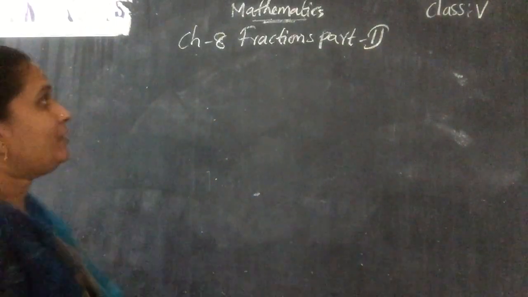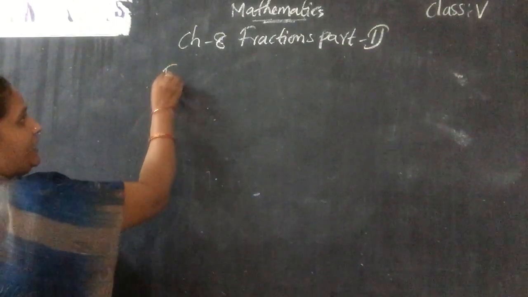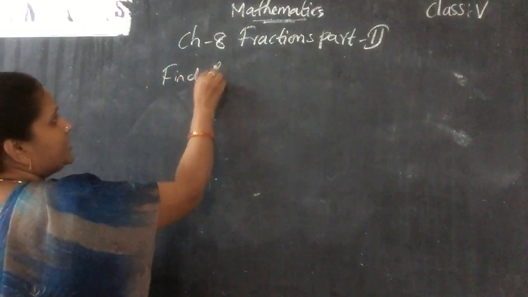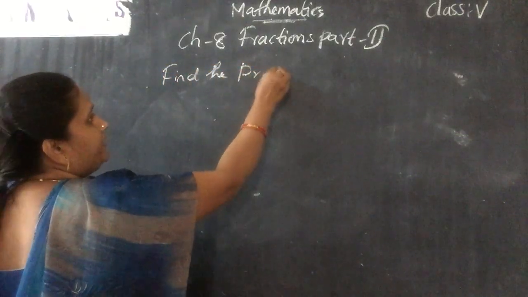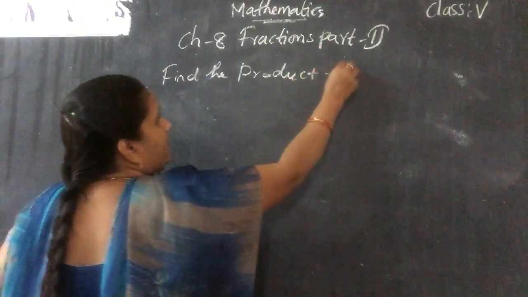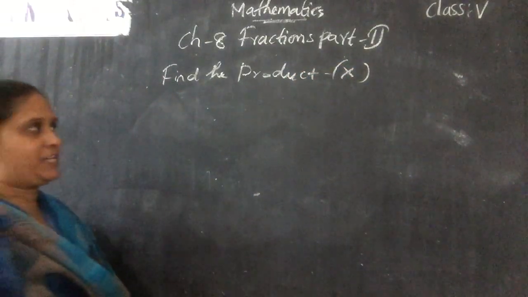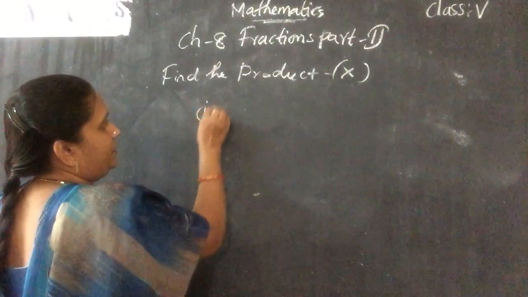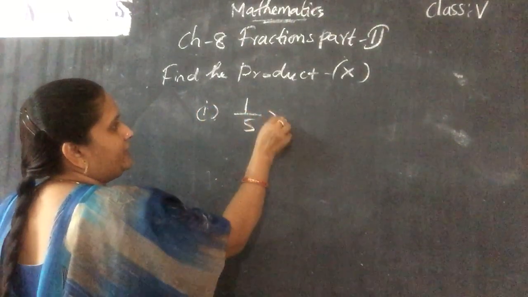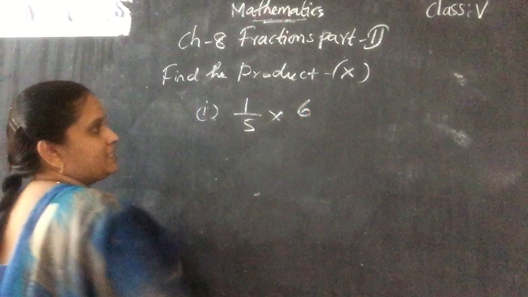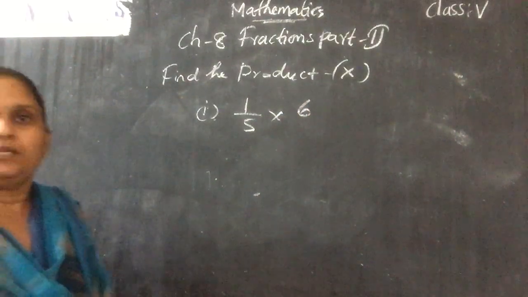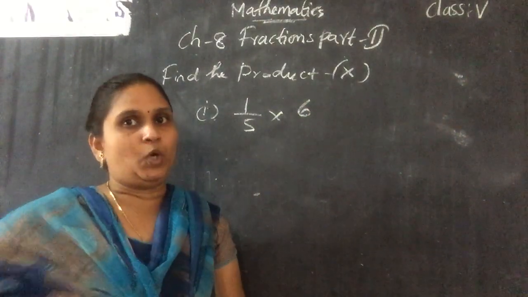So to find the product, if they say find the product, just listen children, product means it comes under multiplication. How to find the product of fractions? For example, 1 by 5 into 6. Here one whole number is there.